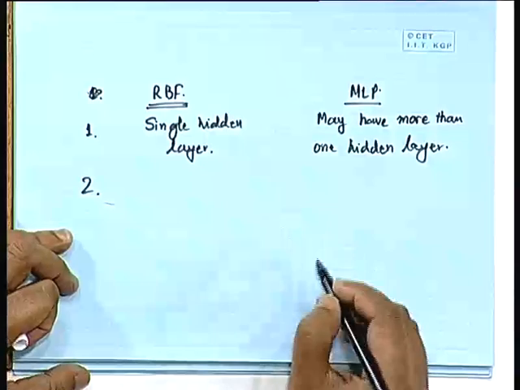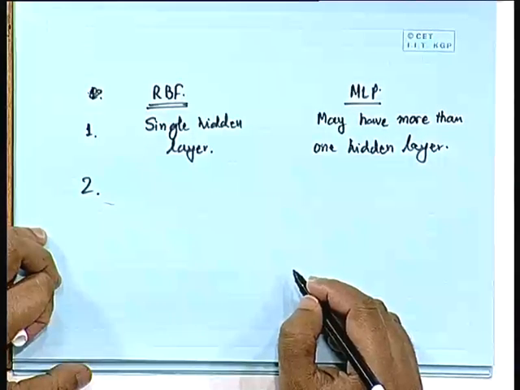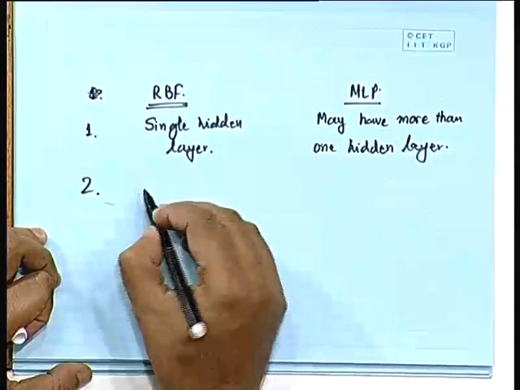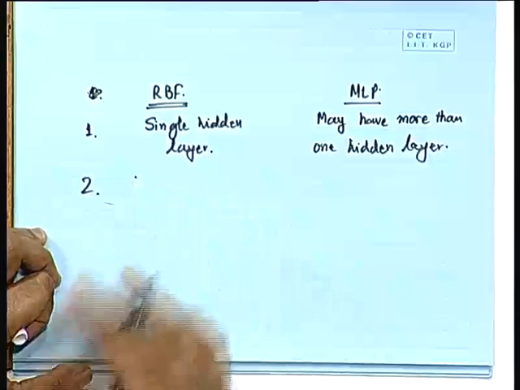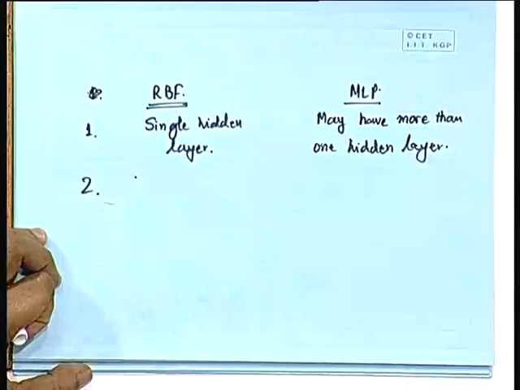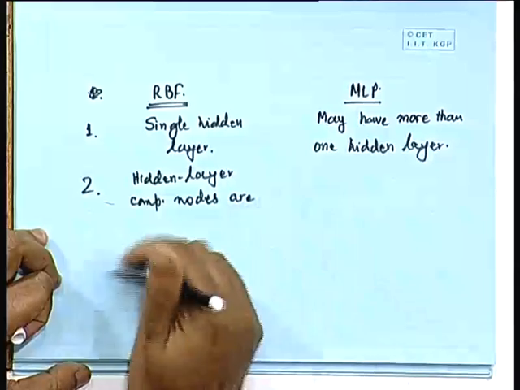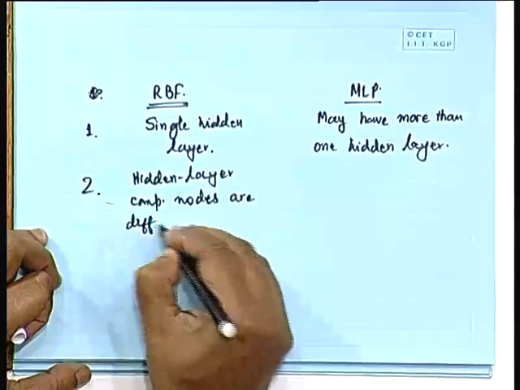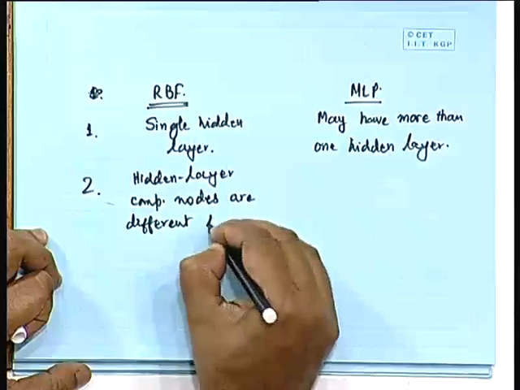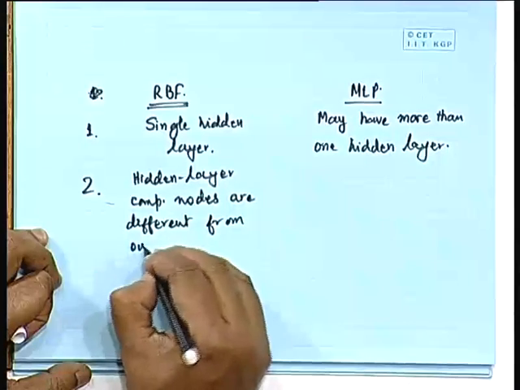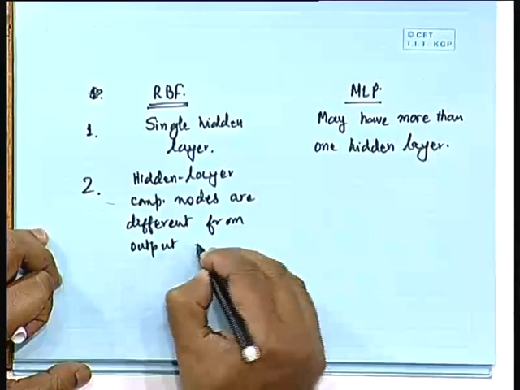Then the second point is that RBF has hidden layer computational nodes different from its output computational nodes.